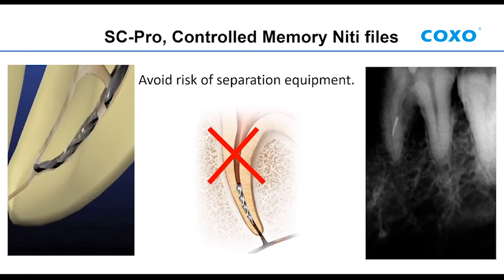If you use this system, the open file, path file, and then the system file, our COXO endo system file, it will avoid the risk of file separation. This is the most important part. Safety is the most important, to avoid the endophyte breaking in the canal.